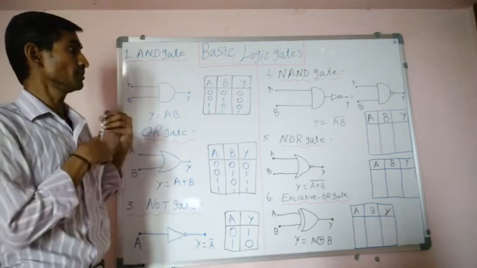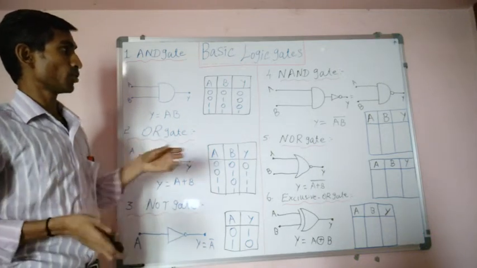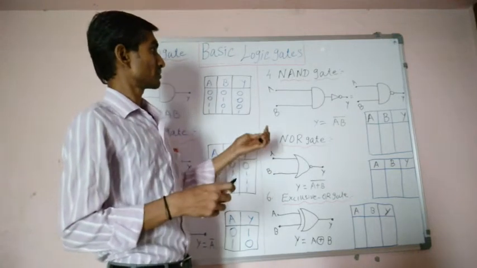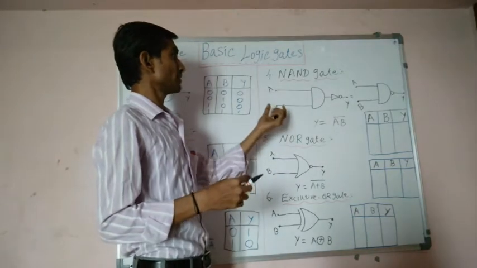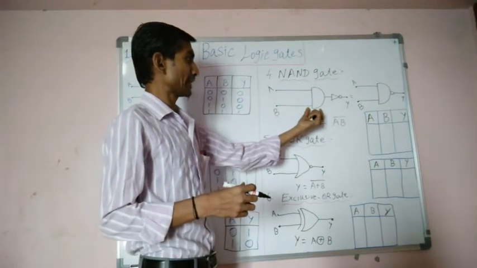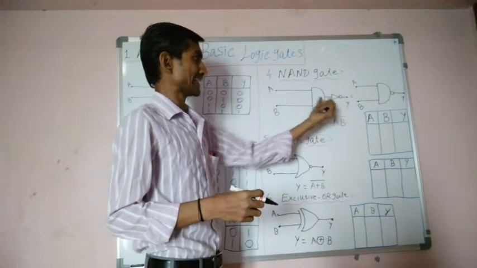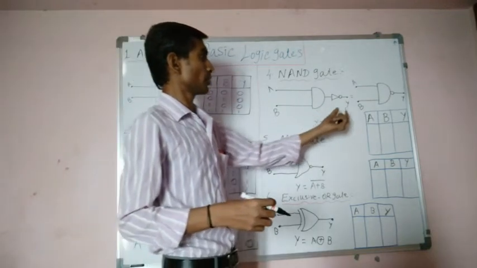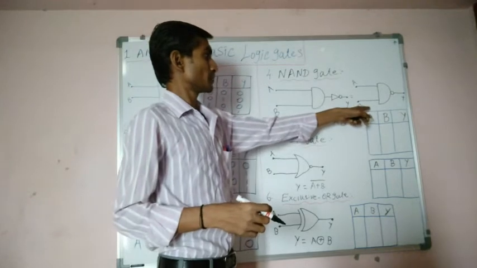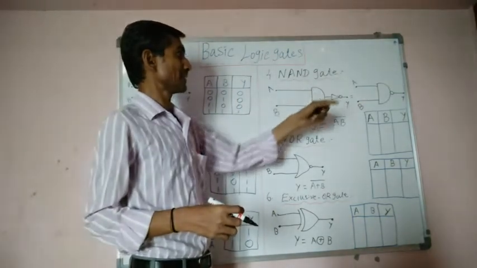Now we are going to study the NAND gate. Basic diagram for the NAND gate. So it is a combination of AND gate plus NOT gate. Hence we are going to write it here. This is the absolute diagram for the NAND gate.